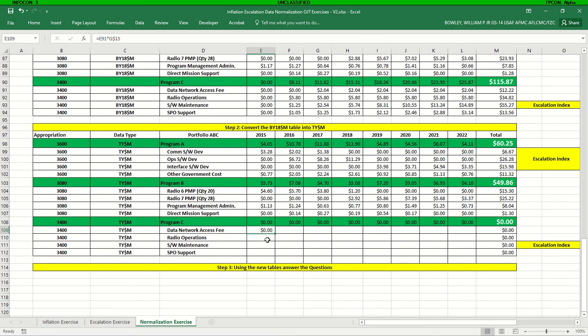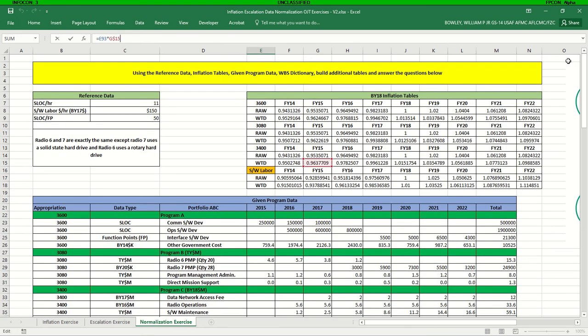And then we can drag this down, but we do need to go back and make this adjustment here for this cell reference, because this is actually a software maintenance, which is going to fall under that escalation. So we can click on that cell, come up here and adjust this to our software labor in order to make that correction.